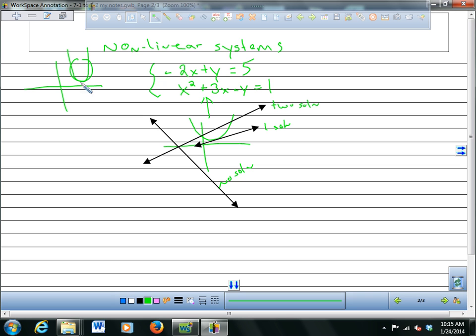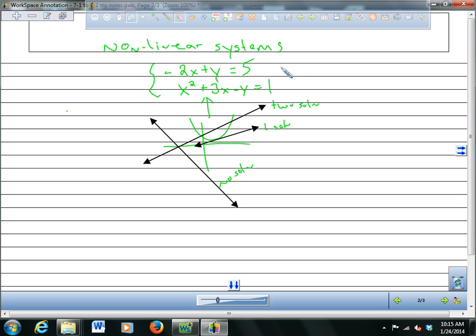Well, that would be 3 if it just hit there and there. I could have 4 if I have a parabola that hits it in 4 spots: 1, 2, 3, 4. Could I have one solution? Yeah, I could have one if it just touches. Could I have no solutions? Yeah. So there's lots of different possibilities, so you've got to look at your answers and see what that means as you go.